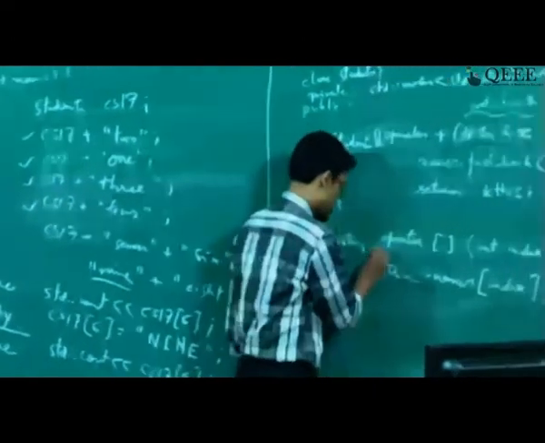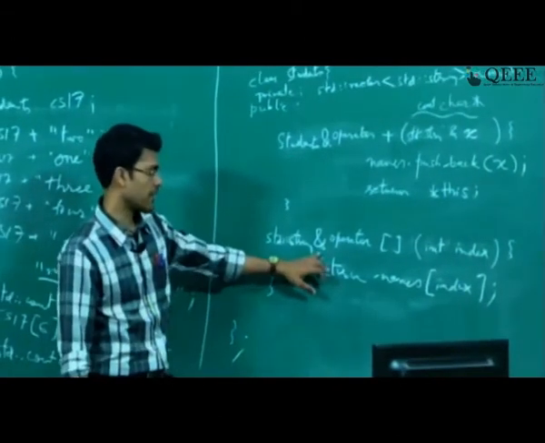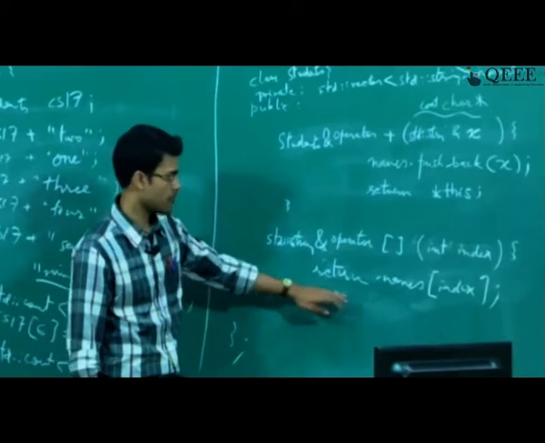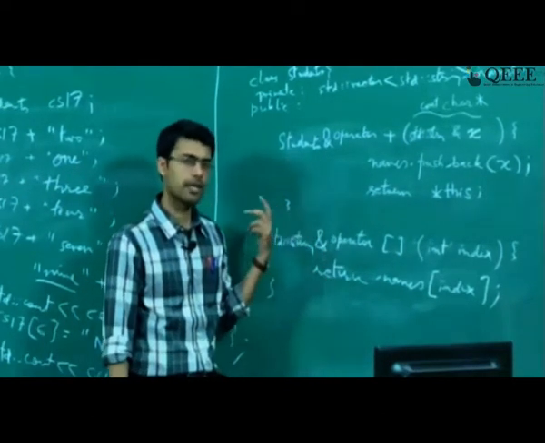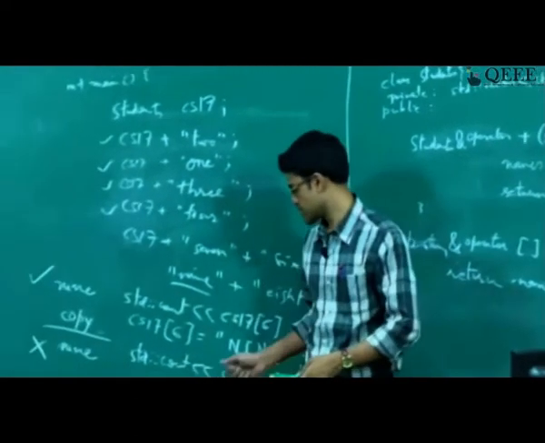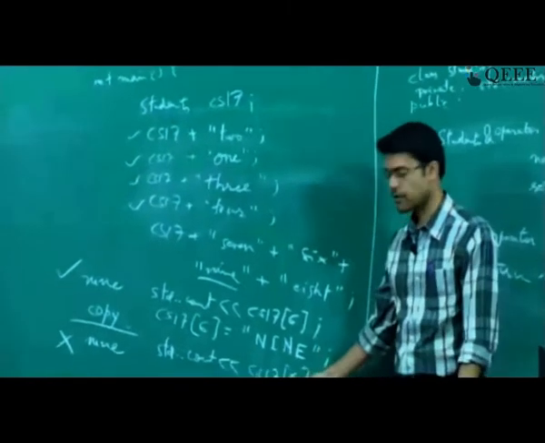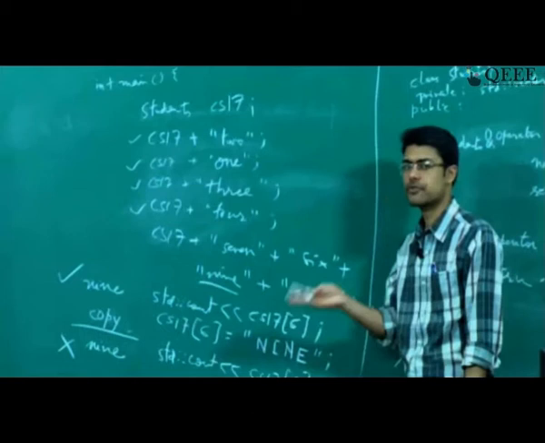So how do you fix this problem? Well, we just need to insert an ampersand here. This passes the return value by reference. So what you are returning is actually a reference to names of index, and this is a very peculiar case, because this subscript operator CS17 of 6 can be used both as the R value as well as the L value.